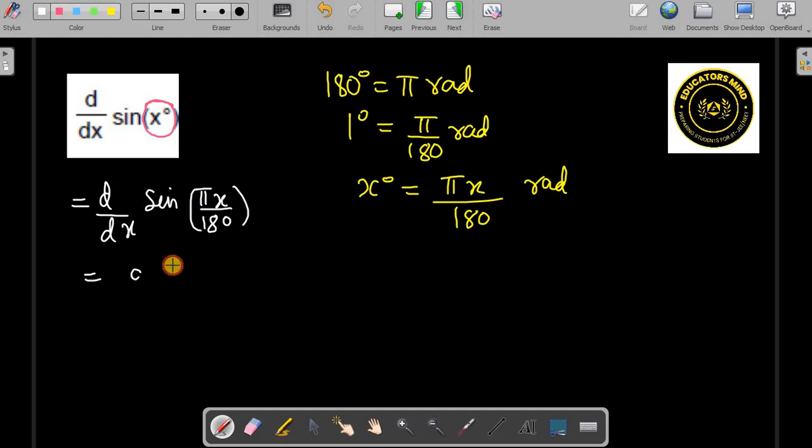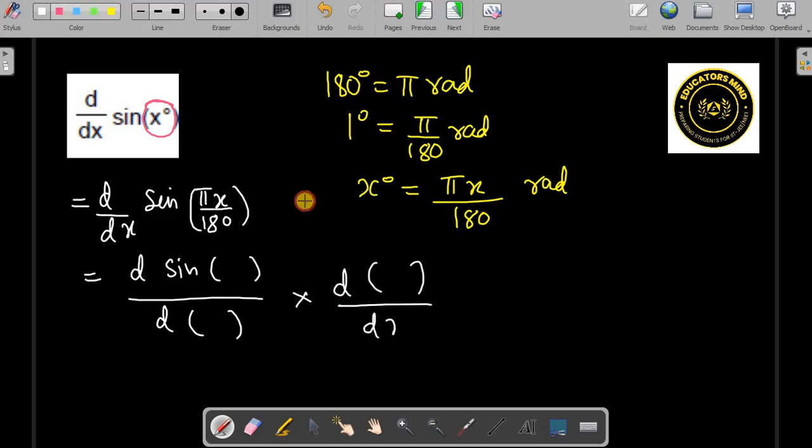Okay, now d sine of this with respect to this, and then this with respect to x. This is how we can break it. So what is this? This is pi x by 180. Okay, chain rule we are applying. Then further you can break it, right?